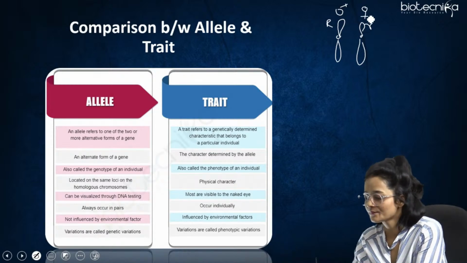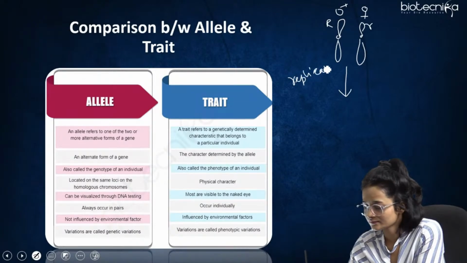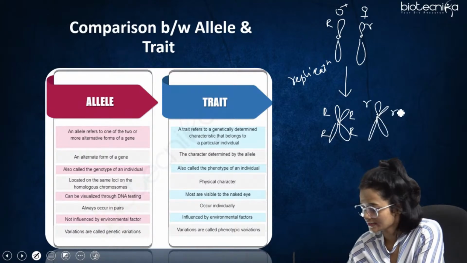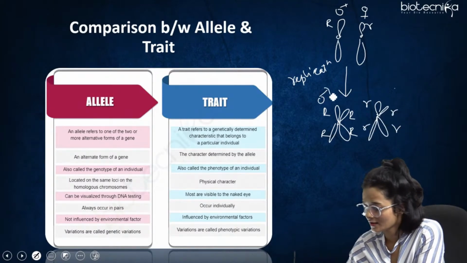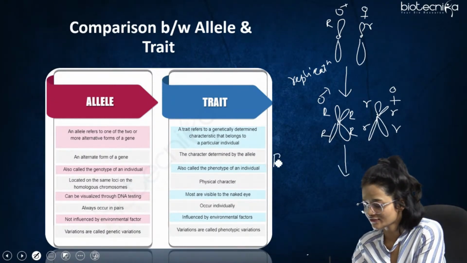Now what happens when replication takes place? Then it will be having two of these alleles, both of these, right? For both male and female. Then what happens when prophase 1 takes place in meiosis?